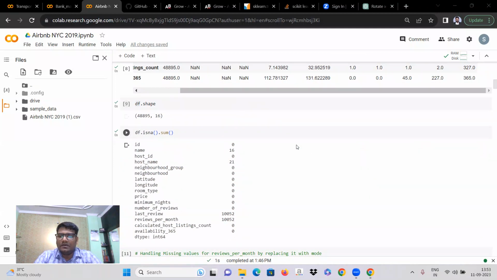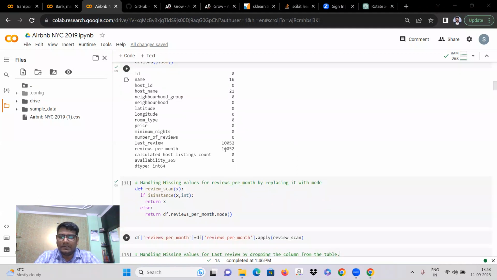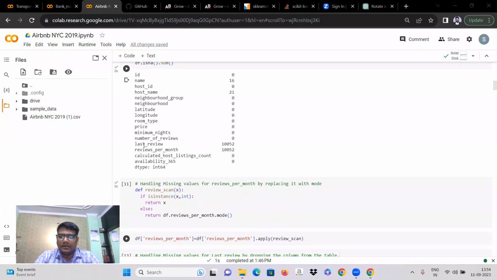Then we checked the null values. I see that there is a huge number of null values in last review and reviews per month. To handle these, the reviews per month will be replaced by the mode of the reviews, and the last review column may not be useful, so we'll be dropping it.